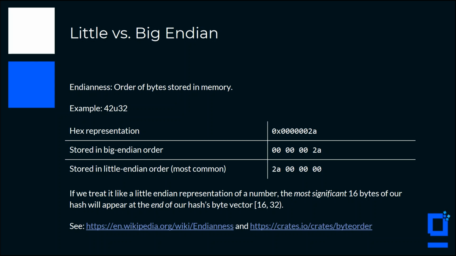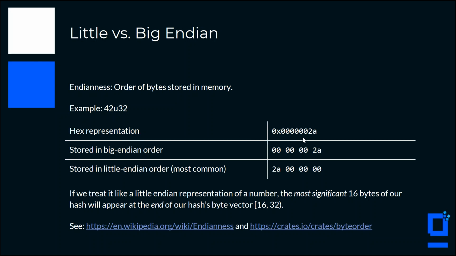And just one more quick note, little versus big endian. The most significant bytes are actually going to be at the end of the hash, if we interpret it as a number, and that's due to something called endianness. It's just how the bytes are stored in memory, usually. So if we were to take an unsigned 32-bit integer, 42, its hexadecimal representation looks like this, right?